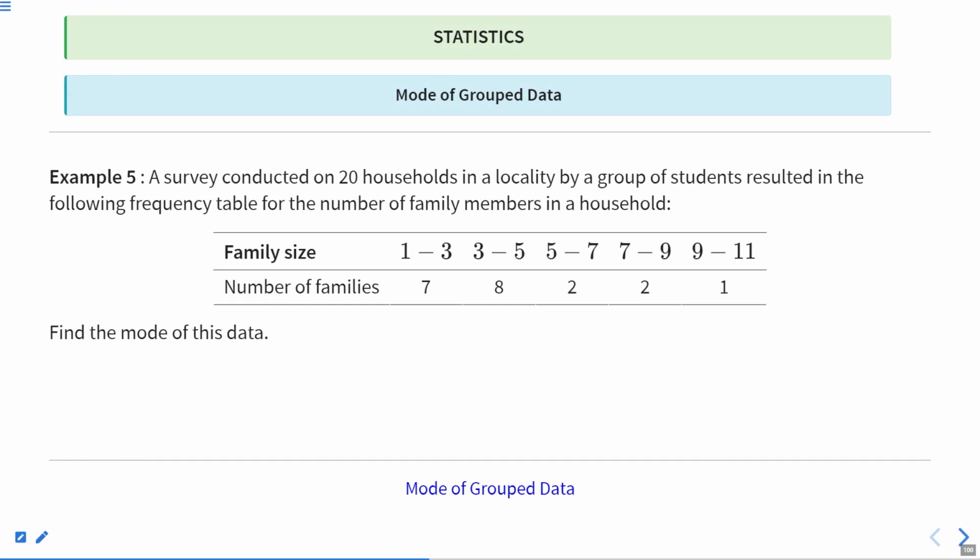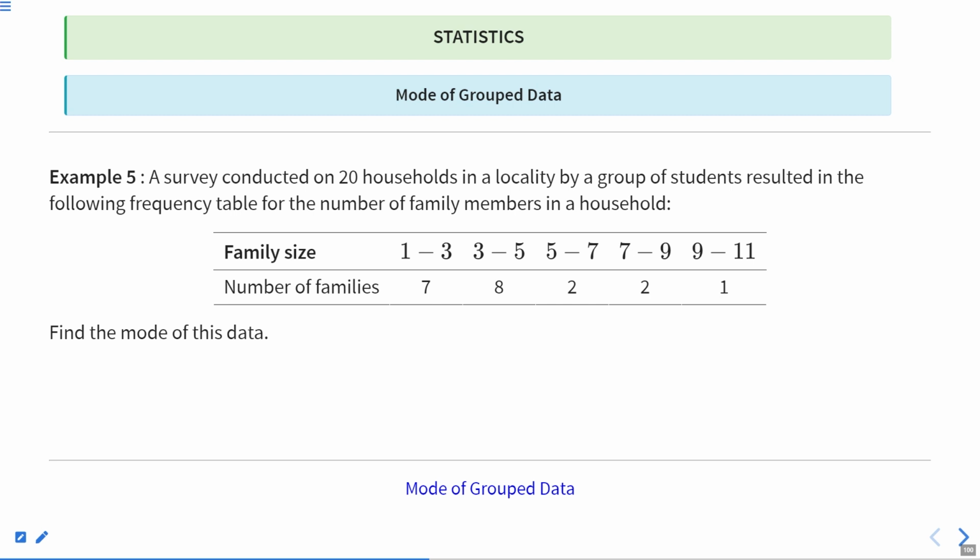In this example, a survey conducted on 120 households in a locality by a group of students resulted in the following frequency table for the number of family members in a household. Family size 1 to 3: 7 families.